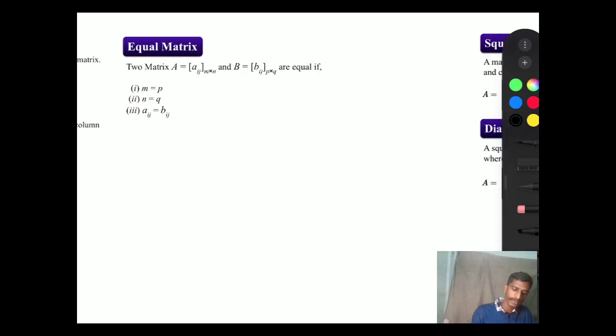Now we'll move to the next matrix, that is the equal matrix. We can say that matrices are equal if the number of rows in one matrix is equal to the number of rows in the other matrix, and the number of columns in one matrix is equal to the number of columns in the other.